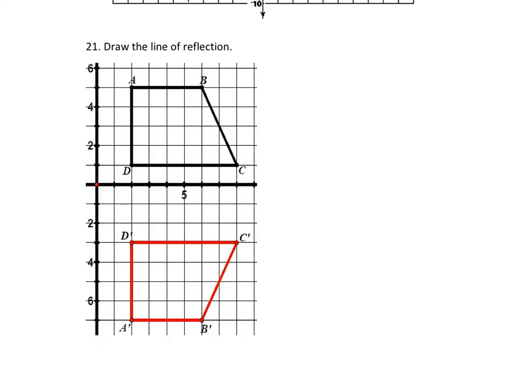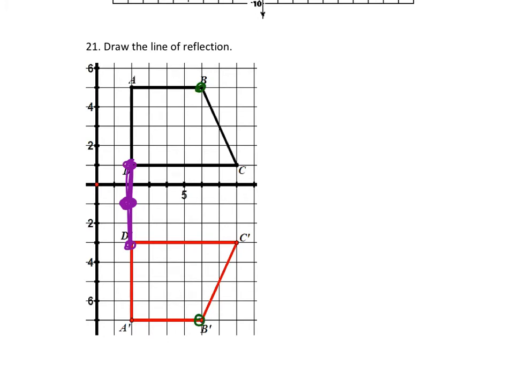Draw the line of reflection. All right, so I just need to take two sets of points. Let's take D and D prime. If I connect those with a straight line, then the line of reflection will be halfway between those, so it should go through this large purple point here. I can do the same thing with B and B prime.